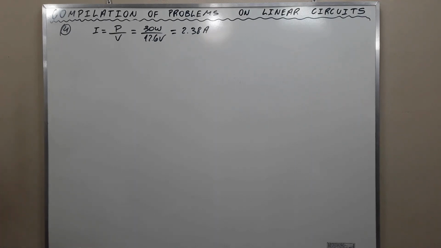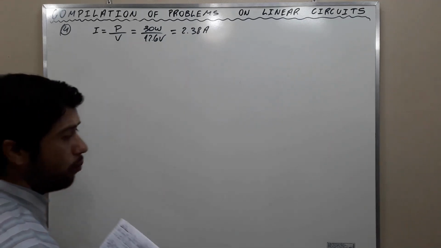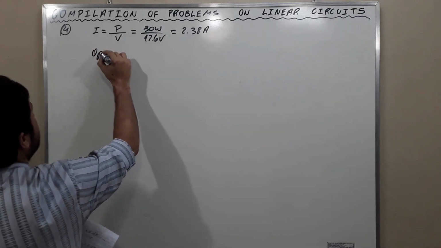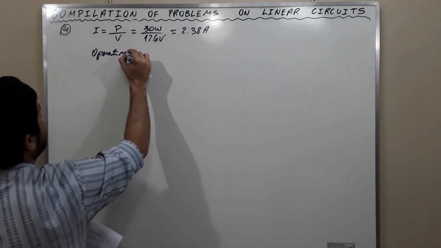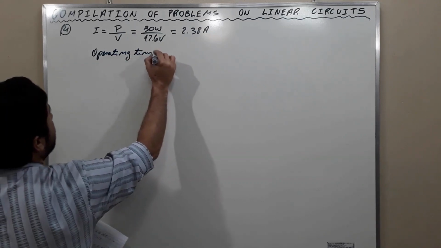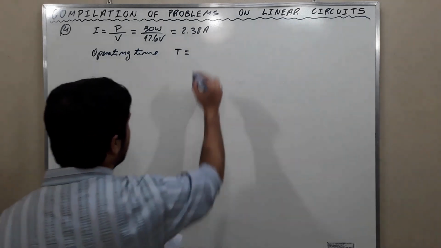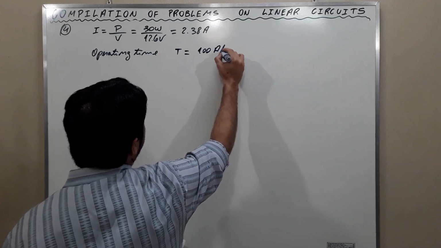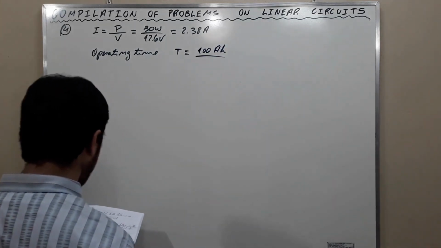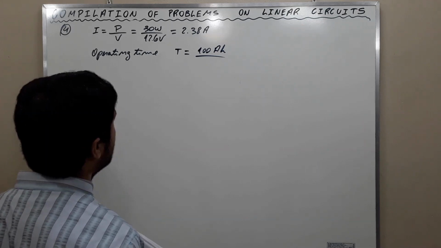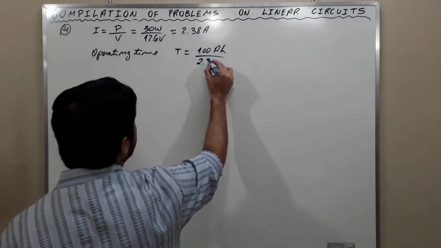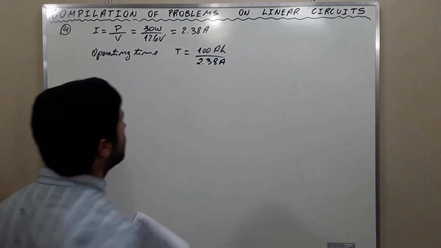The ampere hour rating of the battery is the operating time to discharge multiplied by the current. The operating time is T equal to 100 ampere hour divided by the current, 2.38 amps.